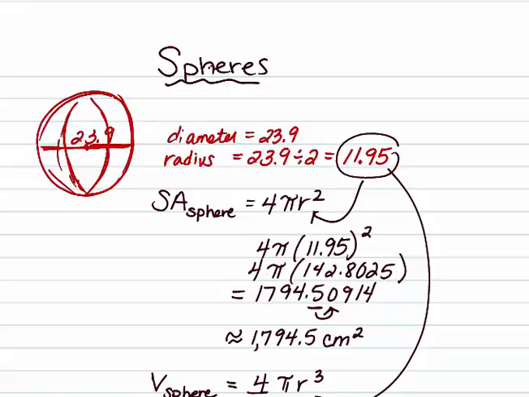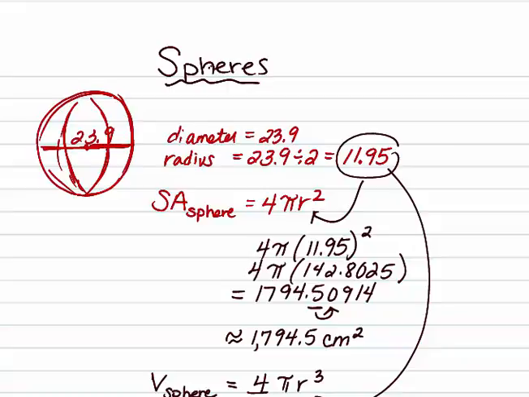So I'm going to get my calculator ready. And up at the top, I give you this surface area of a sphere formula, 4 pi r squared.